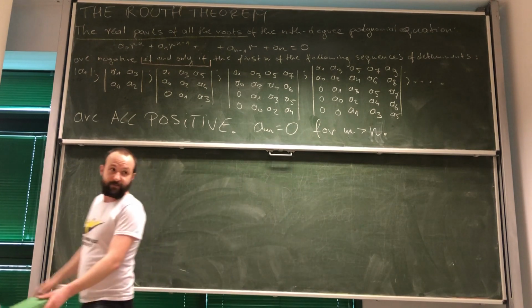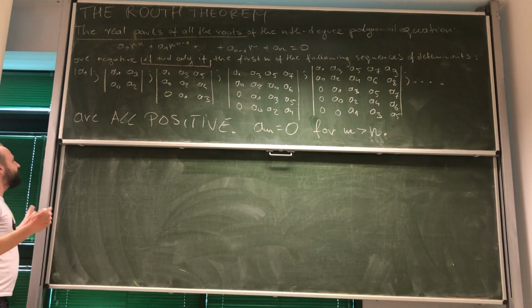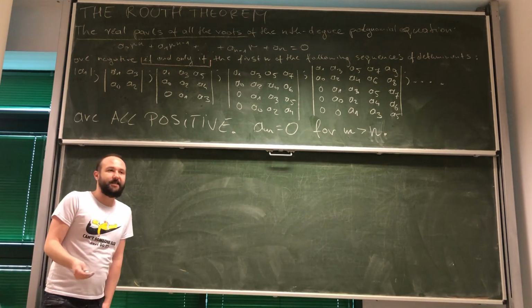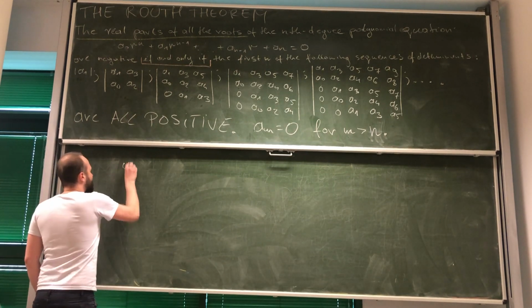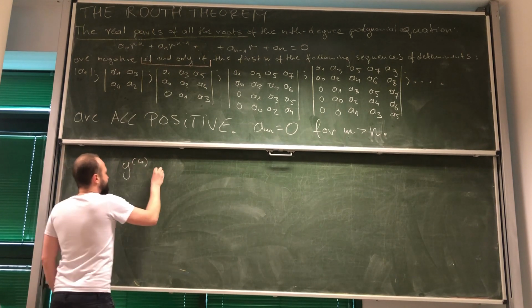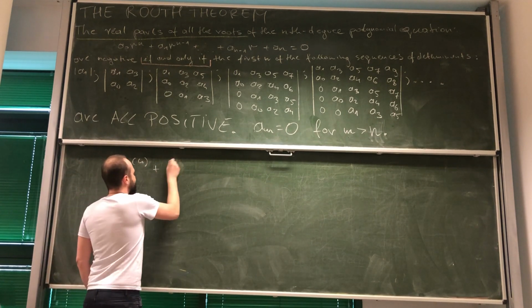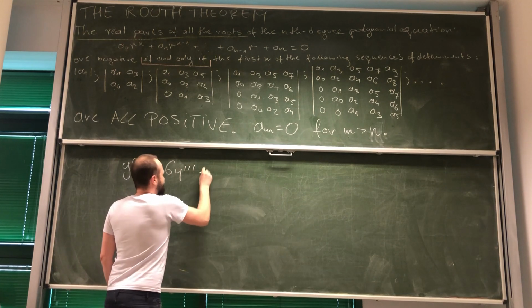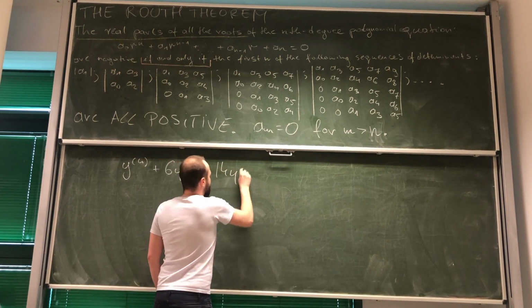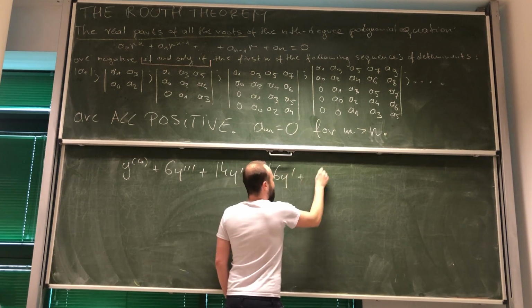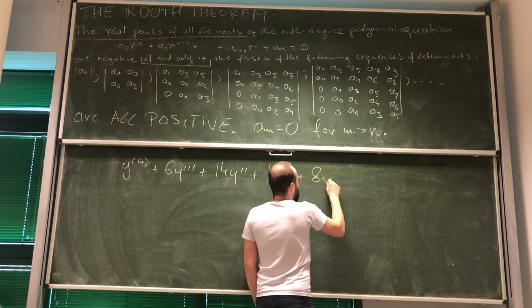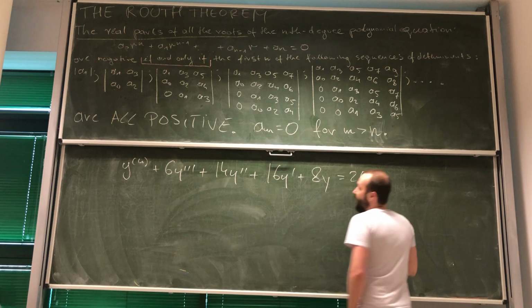So, let's just say that we need to assess dynamic stability of equilibrium for the following equation. Plus 6 plus 14 plus 16 y prime plus 8 y equals 24.